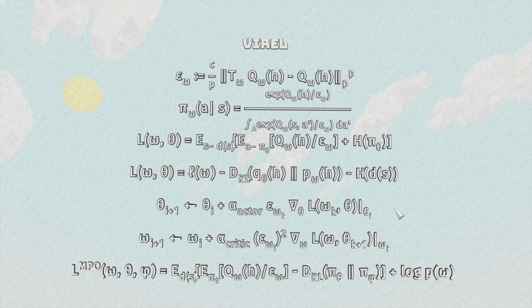Replacing the uniform action prior with one that factorizes through a null policy, pi psi, converts the entropy term in the ELBO into a forward KL to pi psi. And we see here the MPO loss. The psi update of the pi psi becoming pi theta k plus 1 recovers MPO's trust region structure.